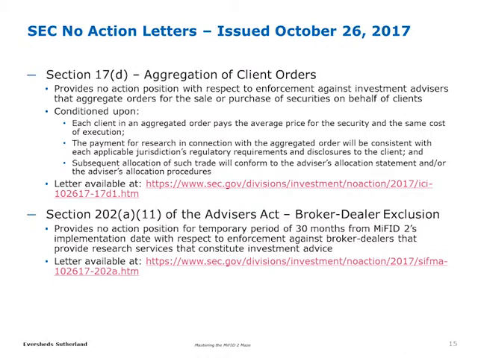The SEC agreed, but what's important to remember about this particular no-action letter is that it has a sunset date. It is effective only for 30 months, starting from MiFID II's implementation date. The SEC was very clear about saying that it may or may not renew the no-action position in that letter.